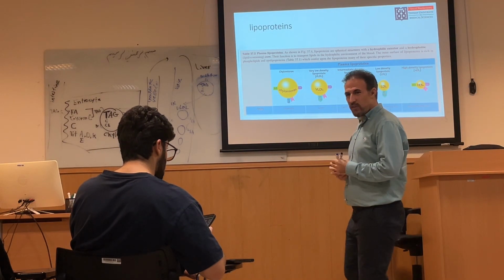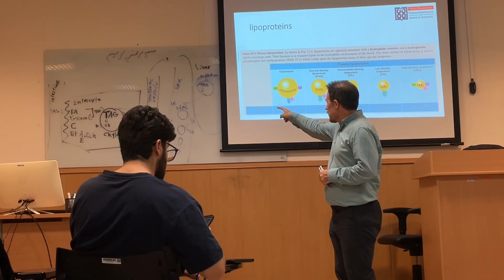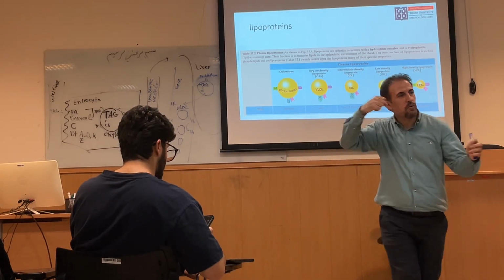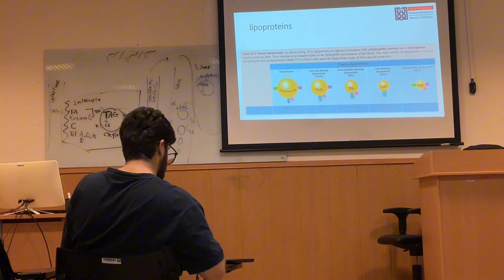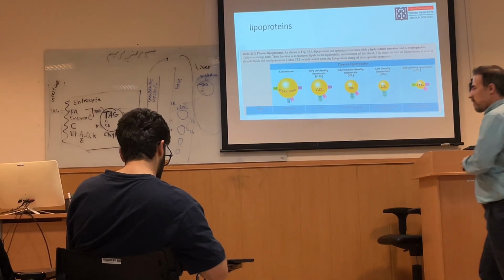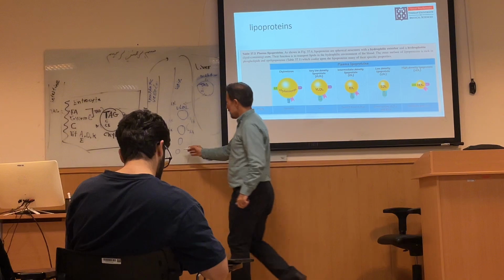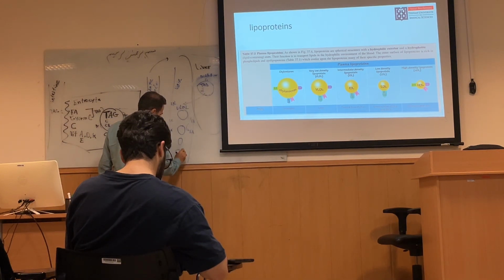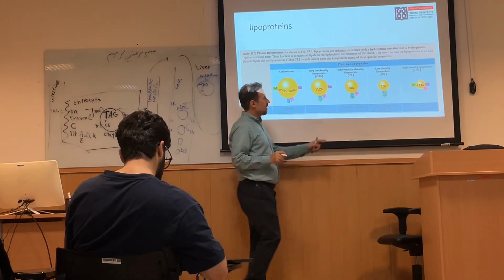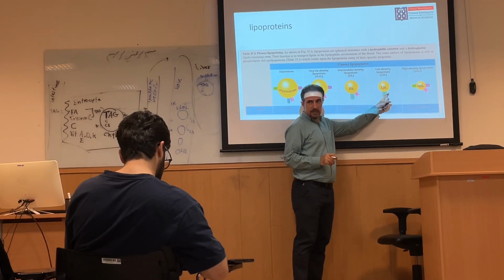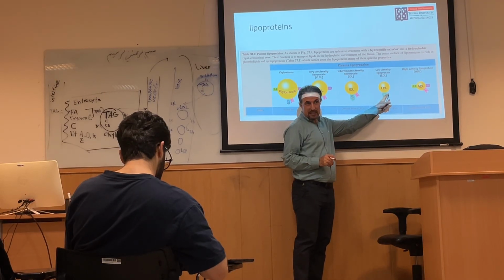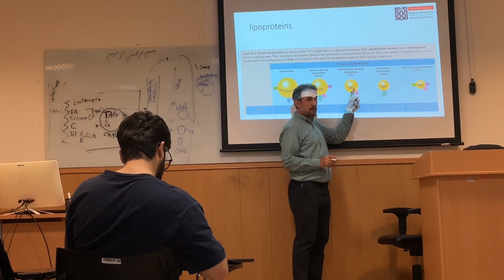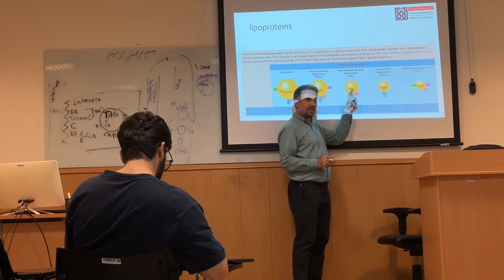So, what happens to that? It's getting smaller because it is removing some fatty acids, and I put protein like this. What do you call this one? LDL. However, we have another term. What is this? Intermediate density lipoprotein.